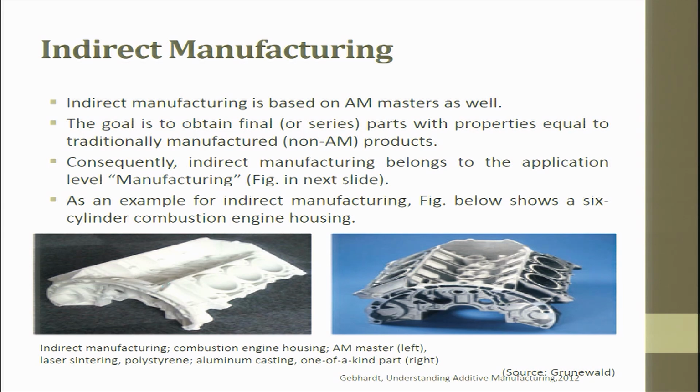As an example of indirect manufacturing, figure below shows the 6-cylinder combustion engine housing completely made. So, this is completely made through additive manufacturing master. So, indirect manufacturing, combustion engine housing, additive manufacturing in the left side and the laser sintered polystyrene aluminum cast one of a kind part at the right side.